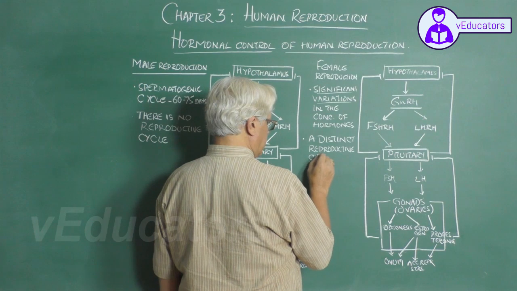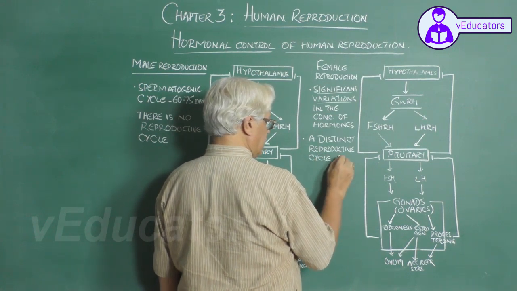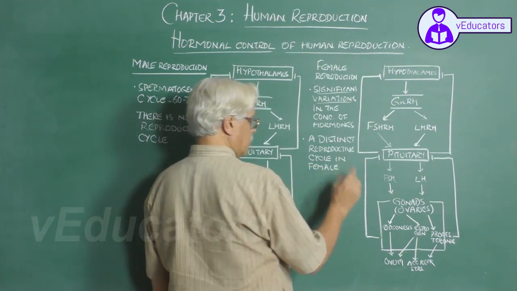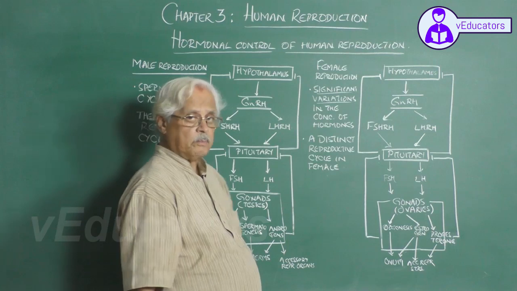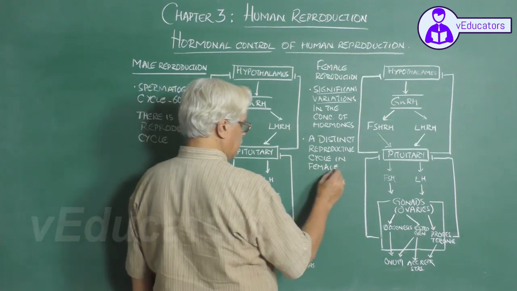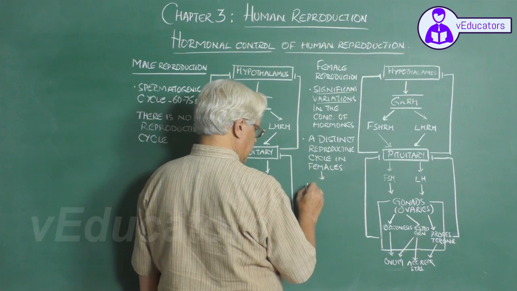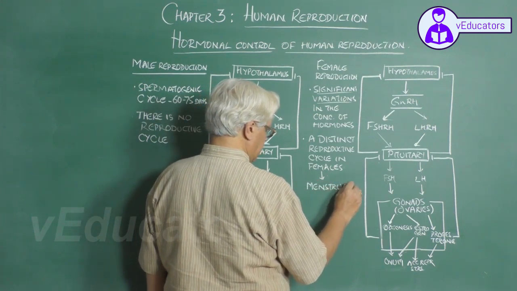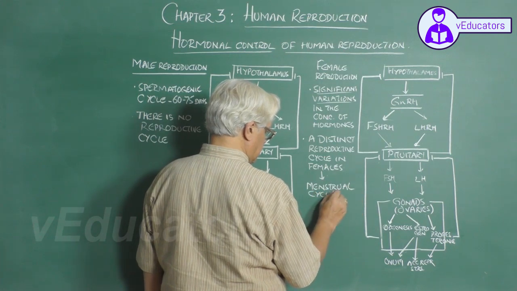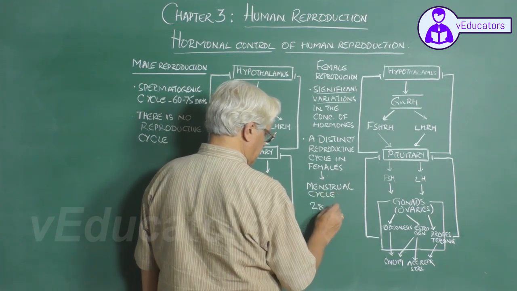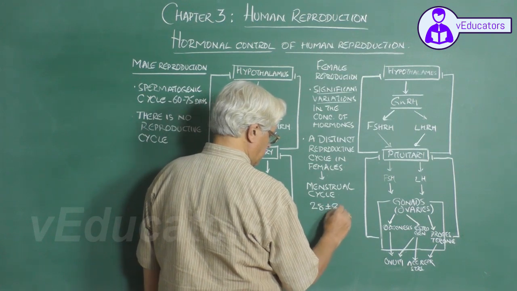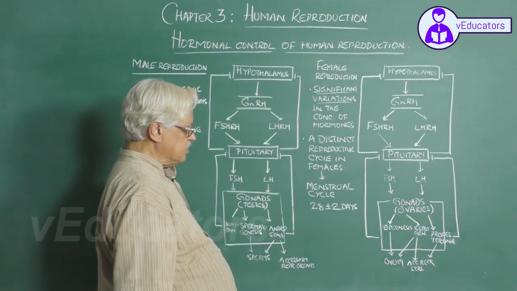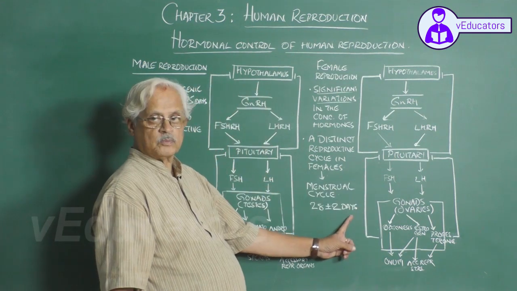There is a distinct reproductive cycle in females which repeats regularly over a specific period of time, and this reproductive cycle is known as menstrual cycle. Menstrual cycle has a periodicity of 28 plus or minus 2 days.